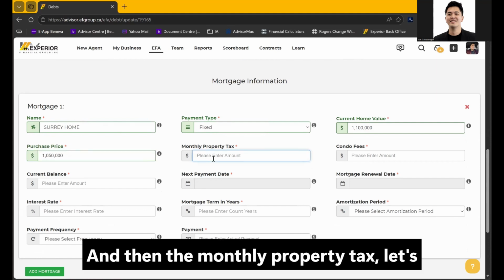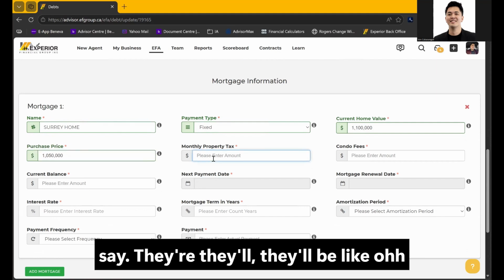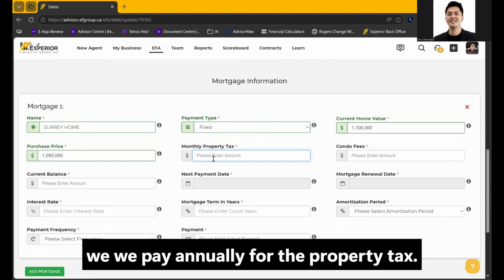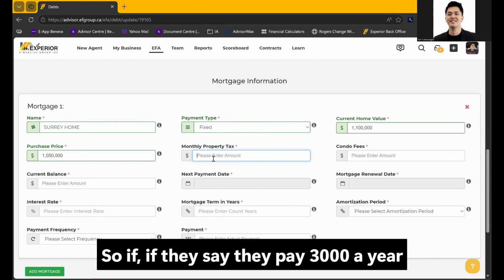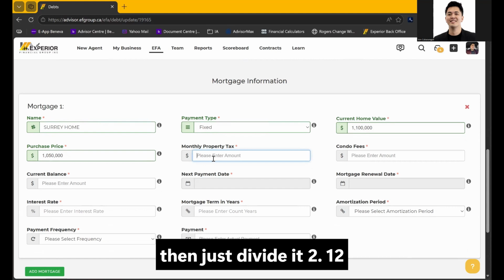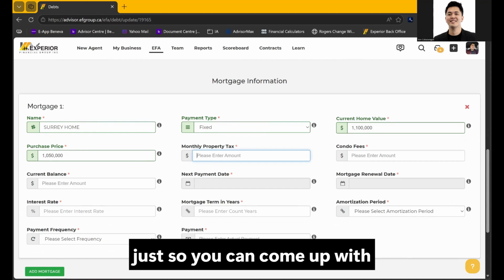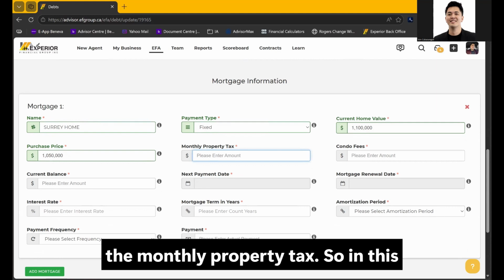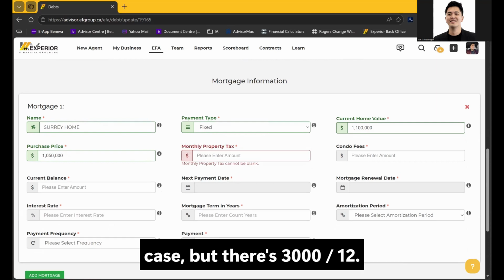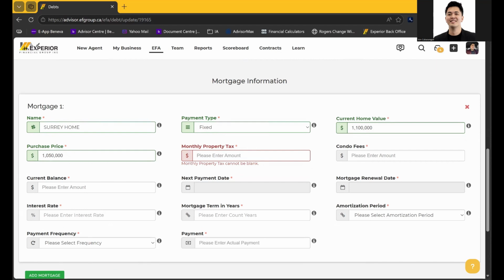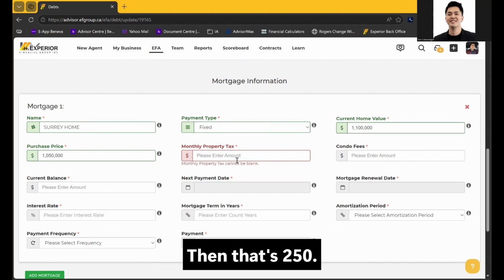And then the monthly property tax, let's say they'll be like, oh, we pay annually for the property tax. So if they say they pay 3,000 a year, then just divide it by 12, just so you can come up with the monthly property tax. So in this case, let's say it's 3,000 divided by 12, then that's 250.